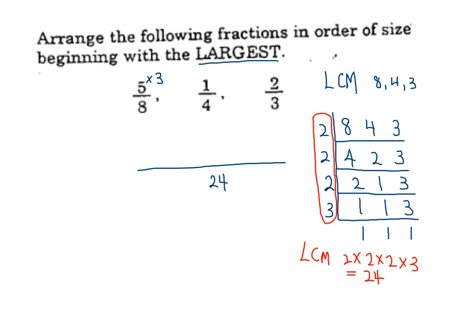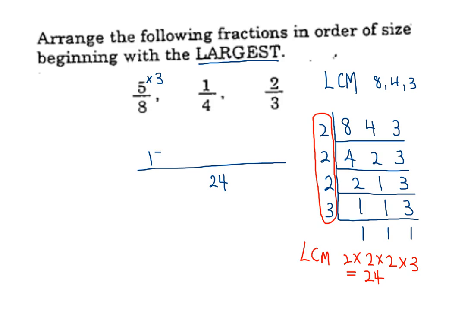Whenever we want to convert a fraction to an equivalent fraction, we have to remember that whatever we multiply the denominator by, the numerator is also going to be multiplied by that, and vice versa. Because we're considering how many times 8 could go into 24, essentially we're saying that to get 24 we had to multiply 8 by 3. So we multiply now 5 by 3 to get a numerator, and 5 by 3 is 15.